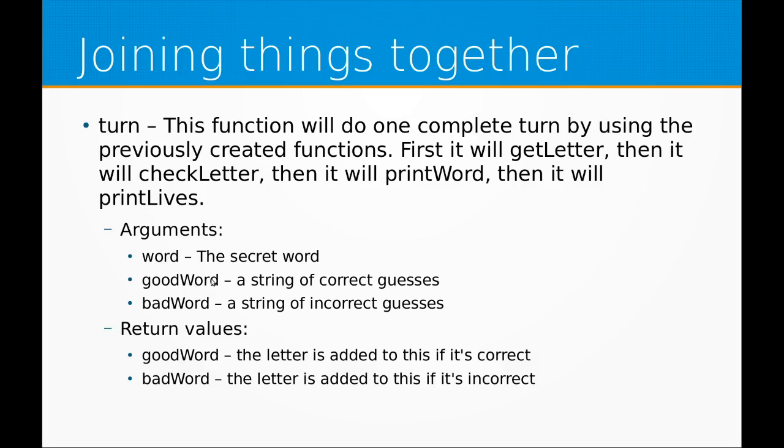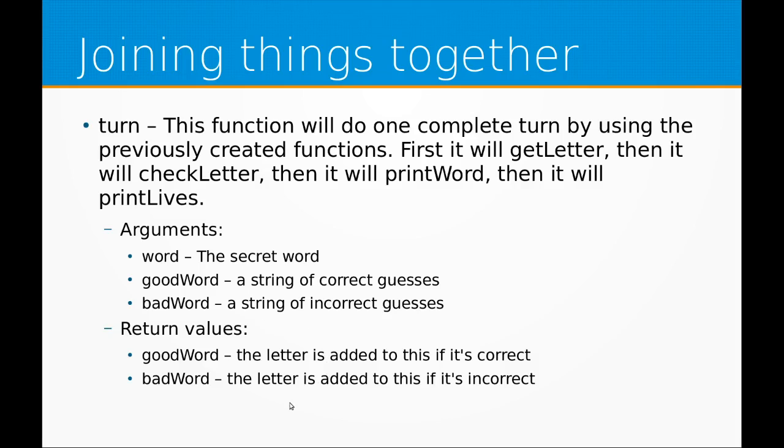It needs the list of good guesses so far, and it needs the list of bad guesses so far. And then once it's done a complete turn, it will just return the list of good and the list of bad guesses. So after a complete turn, all you really need to remember is it's got these letters right and these letters wrong.